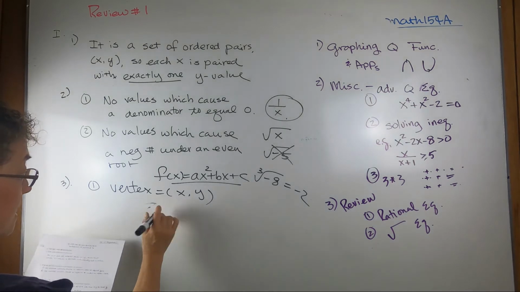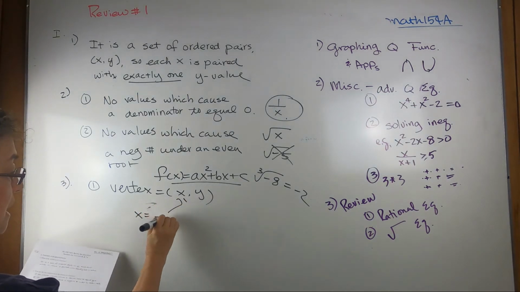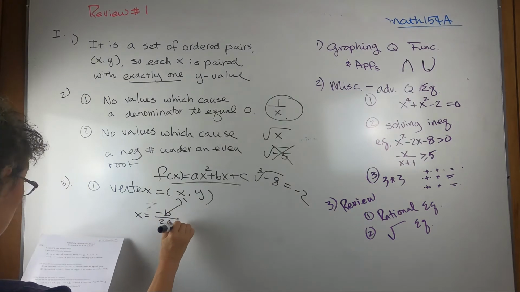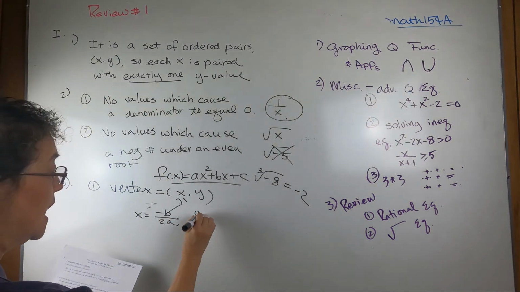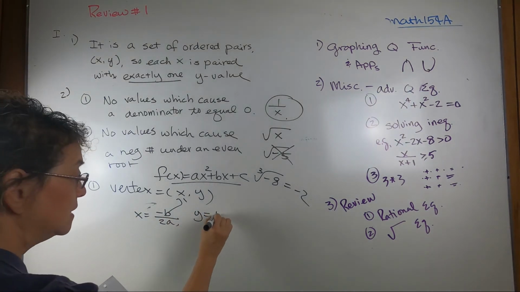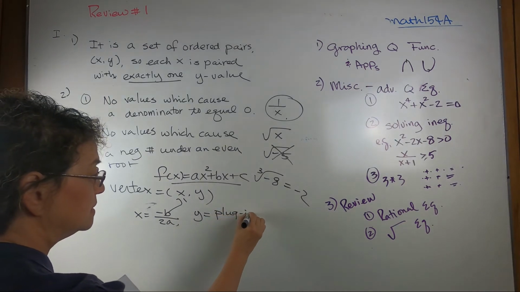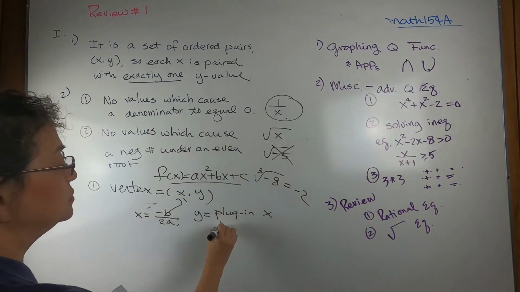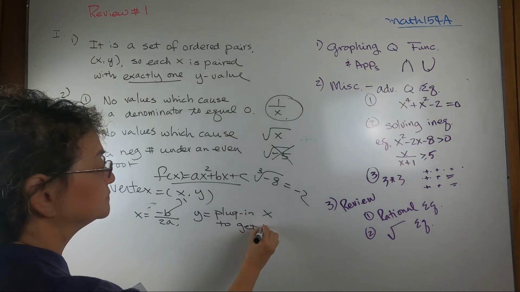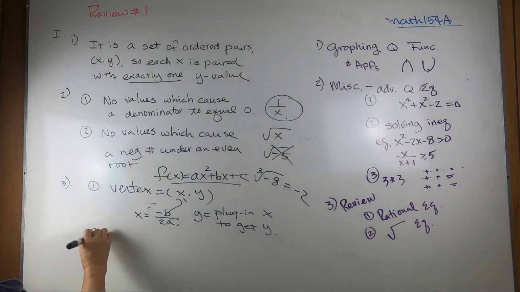Then your x would be negative b over 2a, right? Then how do you get y? Plug in x to get your y.